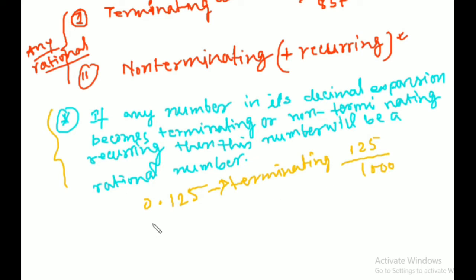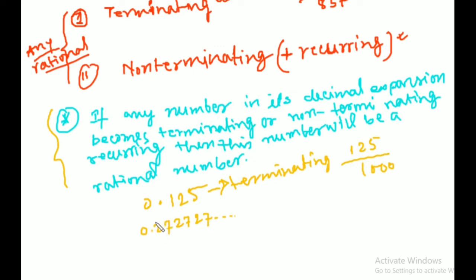Now can we write any number that is non-terminating but recurring in this form? Let us take any random example like 0.272727. It will go on like that. It is non-terminating but recurring.